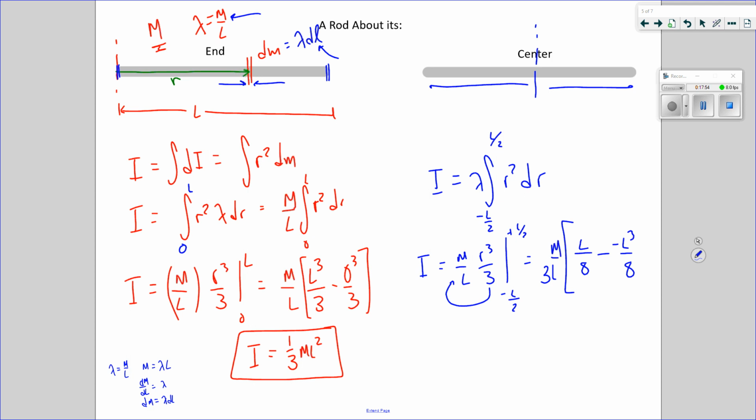And that's 2 L cubed over 8, or L cubed over 4. So I is m over 3L, L cubed over 4. And lo and behold, that is 1/12 m L squared. I say check because we, quote, know that's true.